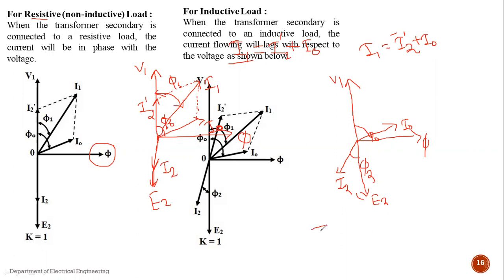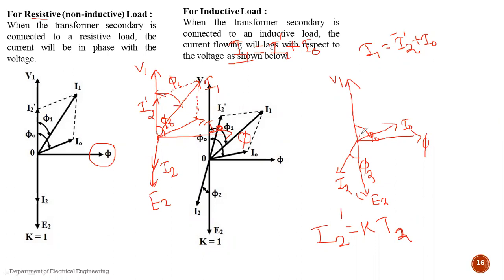I2 dash equals K into I2, where K is the transformation ratio and I2 is the secondary current. But it is in the opposite direction, so we can extend I2 in the opposite direction.